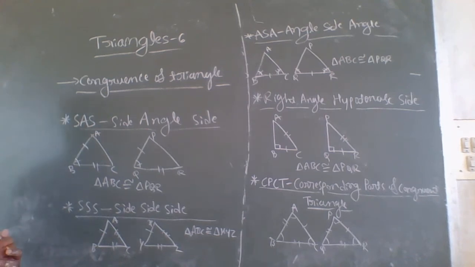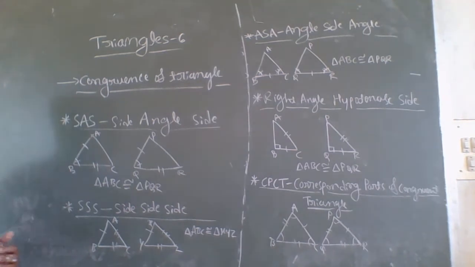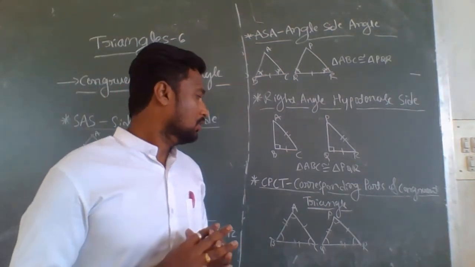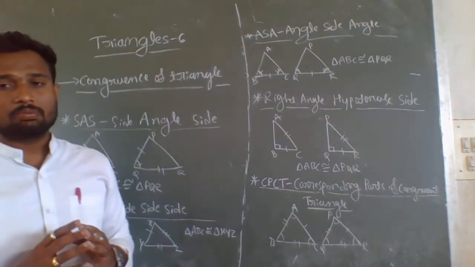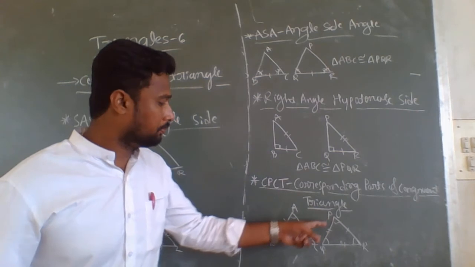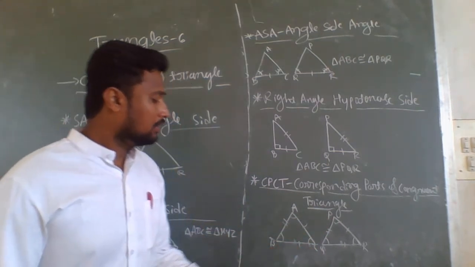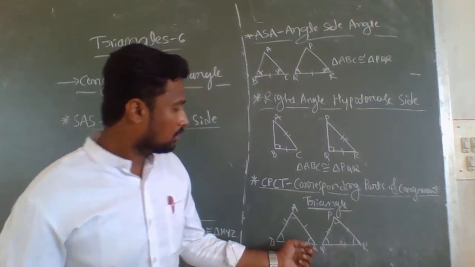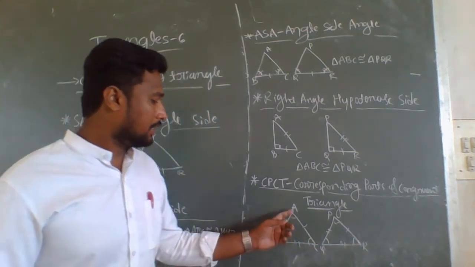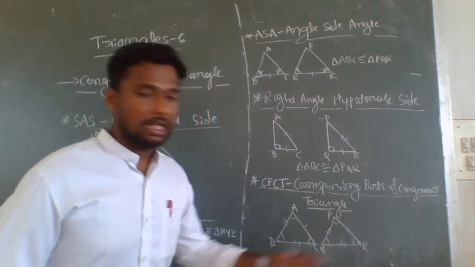Now the last one is CPCT. CPCT means corresponding parts of congruent triangles. Corresponding parts means, here AB is the corresponding part of PQ, BC is corresponding to QR, and AC is corresponding to PR.